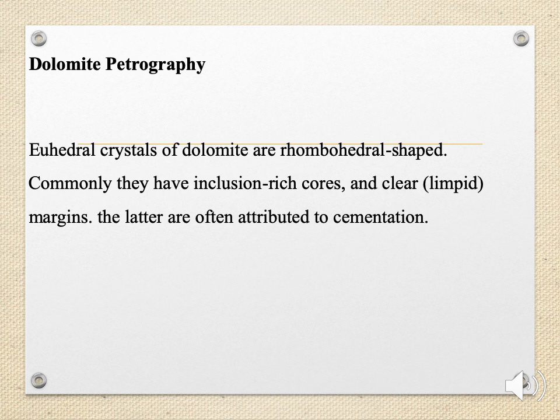The most diagnostic thing to recognize dolomite is the rhomb shape. Maybe I should take off rhombohedral because it's not quite rhombohedral, but there's a rhomb or diamond or kite shape mineral, right? Sometimes they have inclusion-rich cores, so that makes them dark and cloudy in the core part of the diamond shape, and clear margins, and the latter is often attributed to cementation.